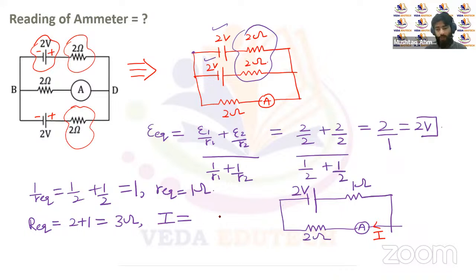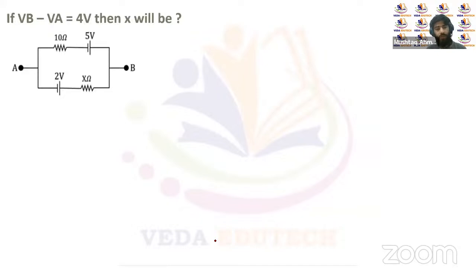So this I will be equal to the total EMF, that's the 2 volts, upon the total resistance, that's the 3 ohm. So 2 over 3 amperes will be the final current that will be read by this ammeter, right? So this will be the final answer for this circuit, 2 over 3 amperes. Let's move on to the next question here.